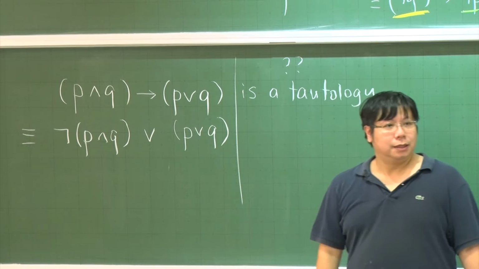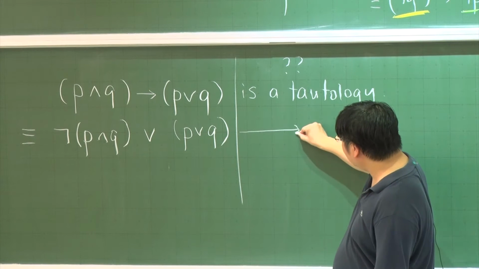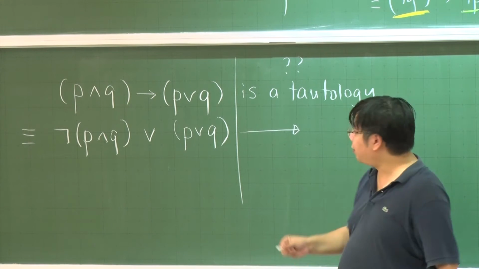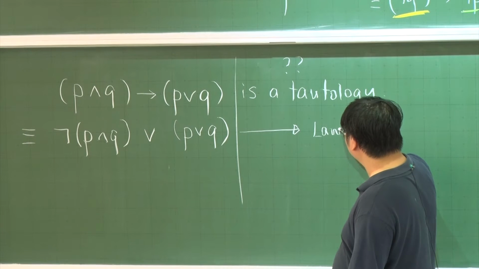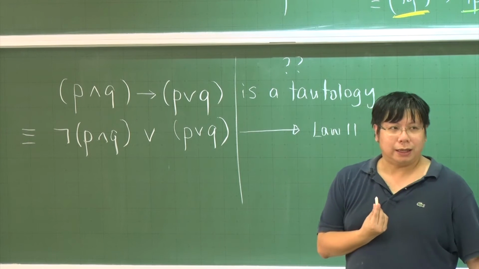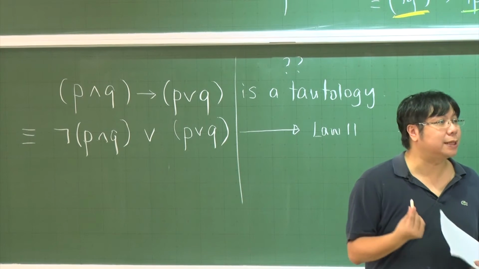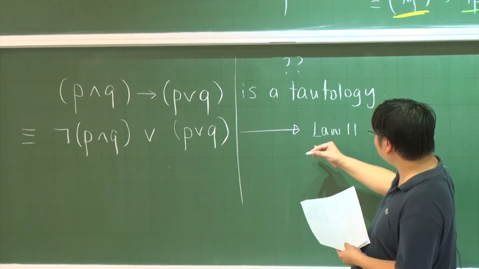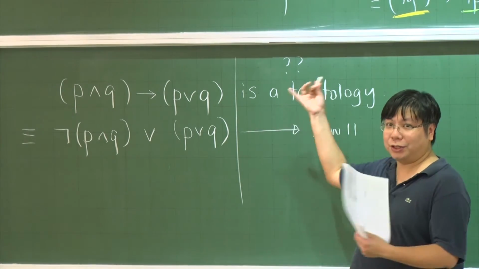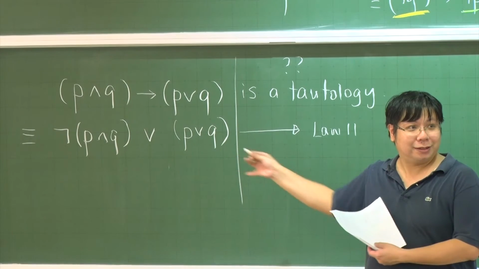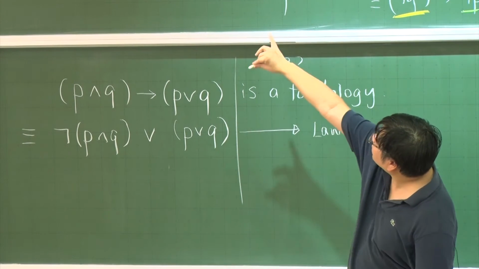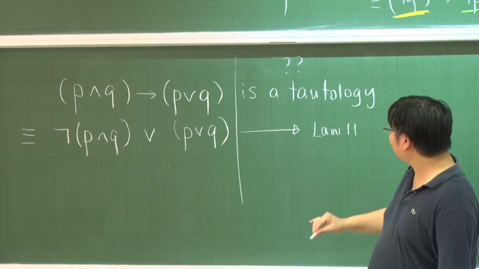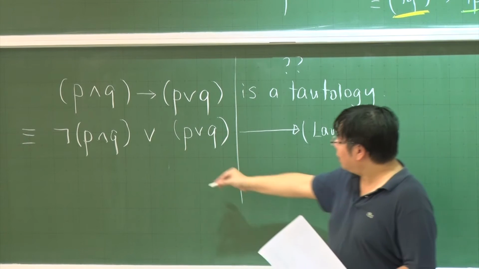Always remember to write down which law you are referring to. Let's call it law 11. It need not be a law. It can be a result that you have shown. So you write down result 1 in page 13, something like this, that you have proven. Here it just happened that it is 11 we have listed, so I call it law 11. By law 11, this is true.